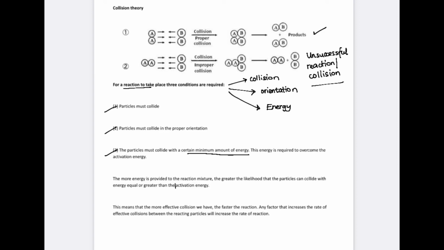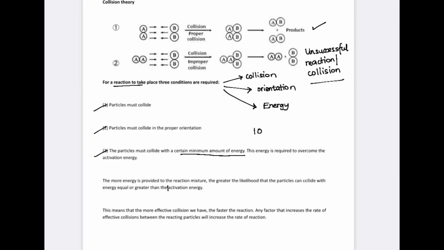You can have, let's say, 1,000 collisions, and out of these 1,000 collisions, you can have only 30% that is going to be successful.